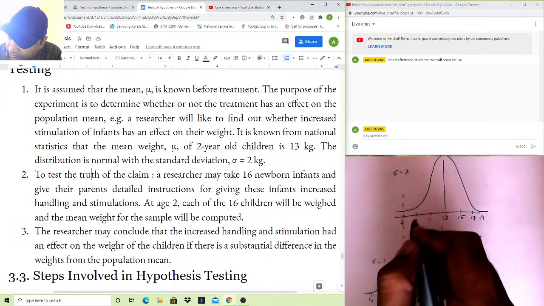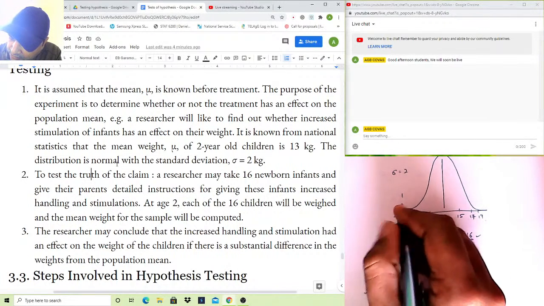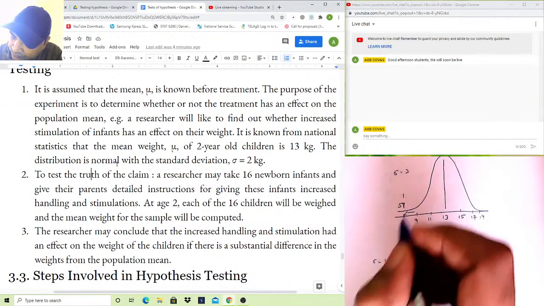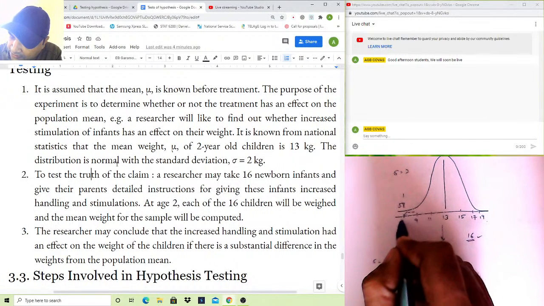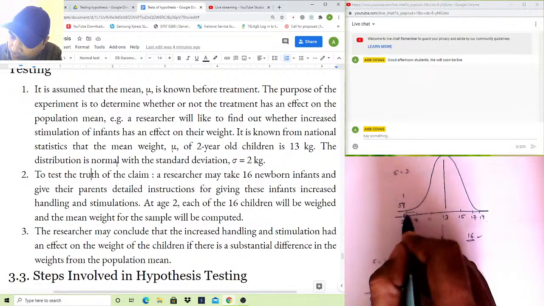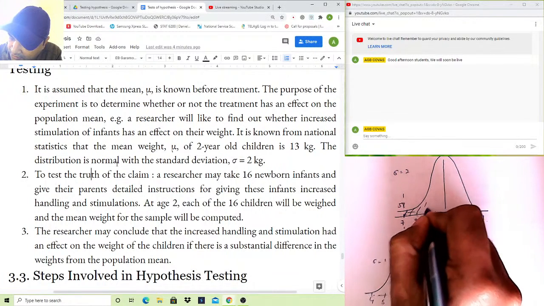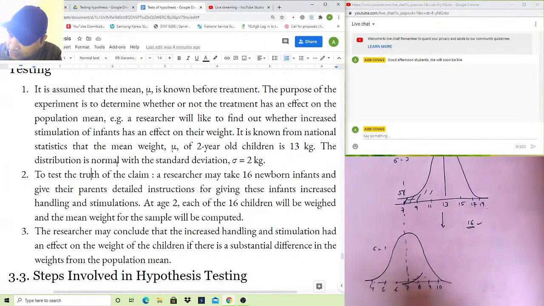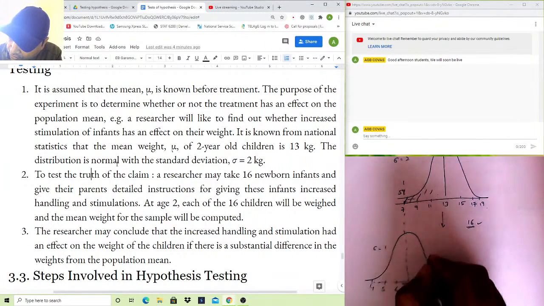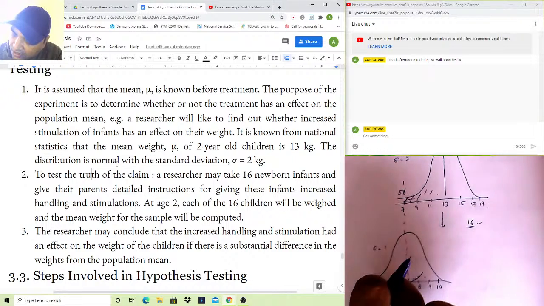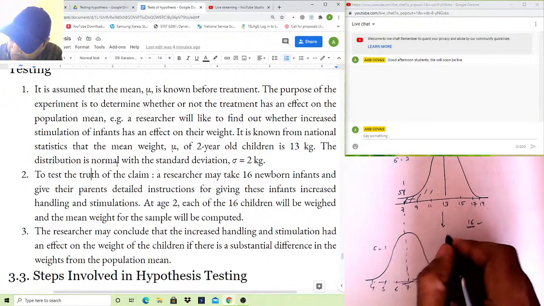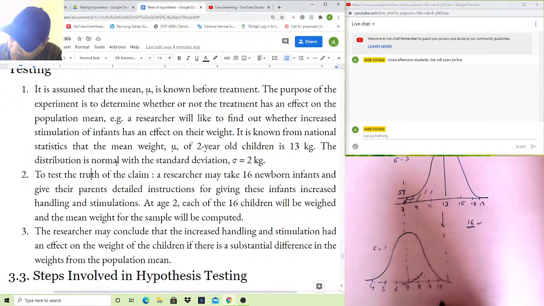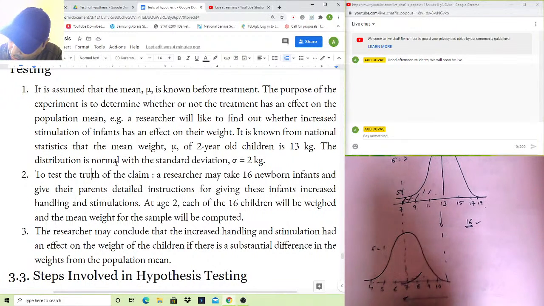Okay, so it will be outside this 5% level, isn't it? That is, at 3 standard deviations, it will go up to 99% here. So this 7, which is the mean of the new sample, is very much far away from your 13 kg, to a level that it goes beyond this 95%.